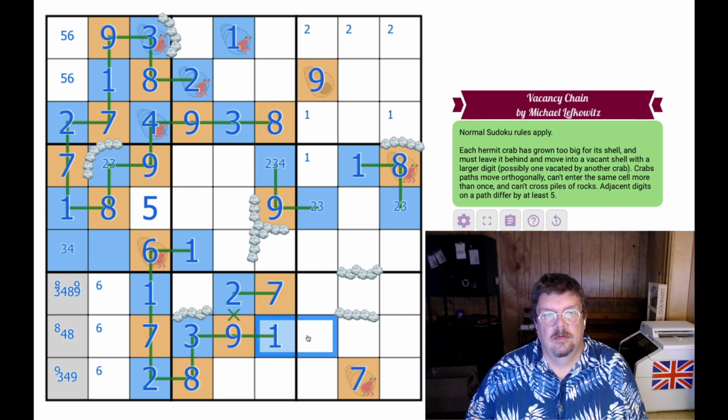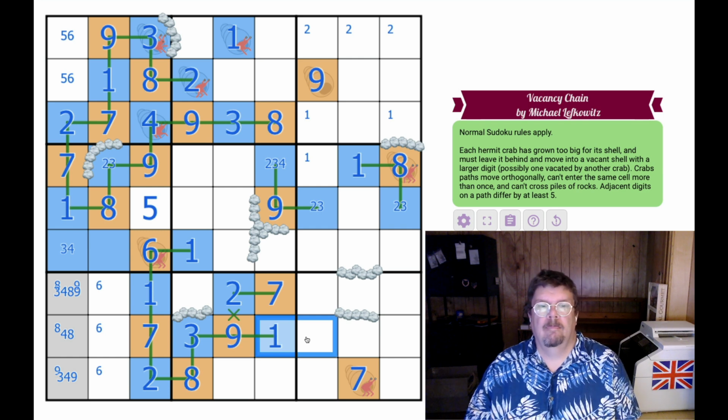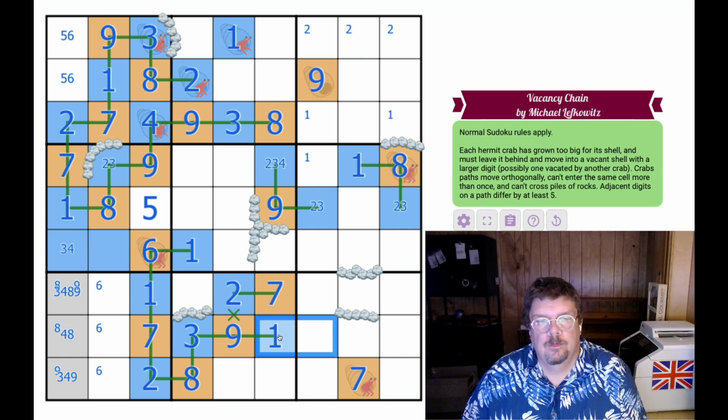Can this go to the right and be a 6? Or down and be a 6? It could do either of those. That could be an 8 there. Hmm. Yeah, that could go 8, 1, 8, 2.